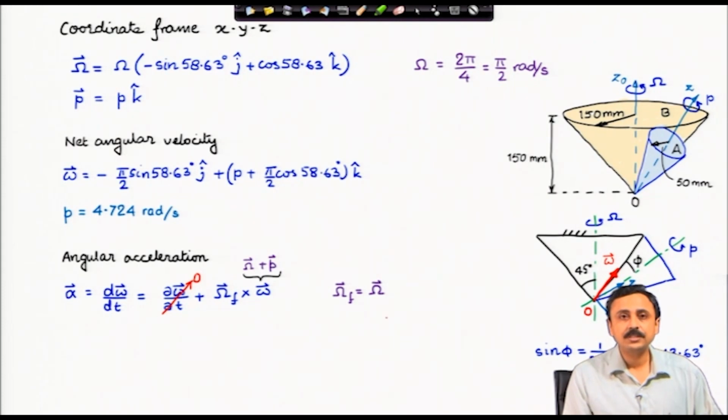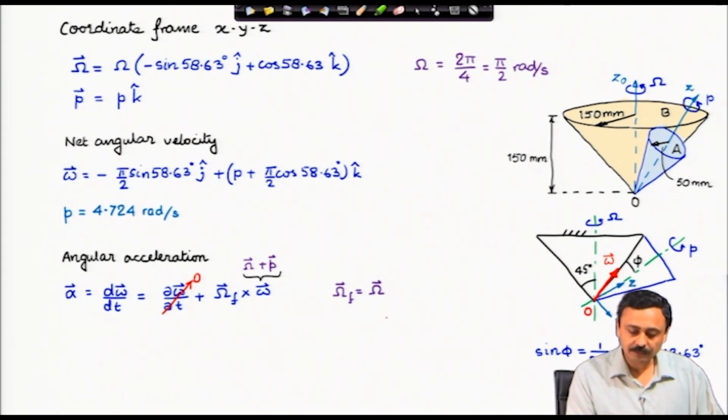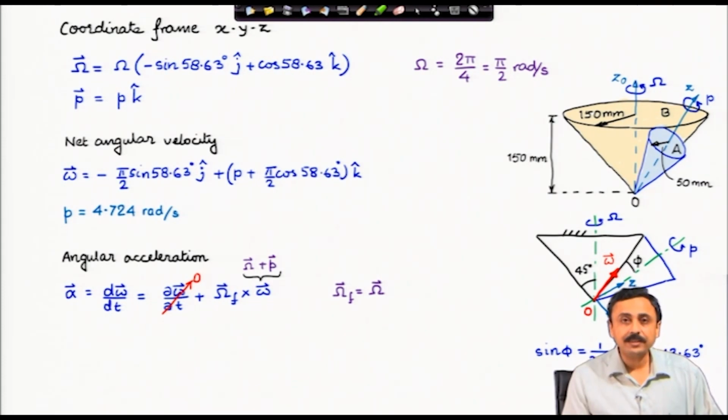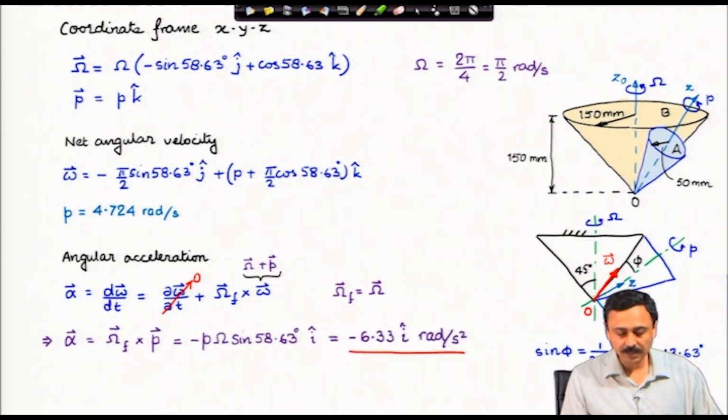Omega f is nothing but omega, and therefore, if you take this cross product, it simplifies to omega f cross the p vector, which turns out to be minus 6.33 i cap radian per second square. This is the angular acceleration of cone A. So, that completes this problem.